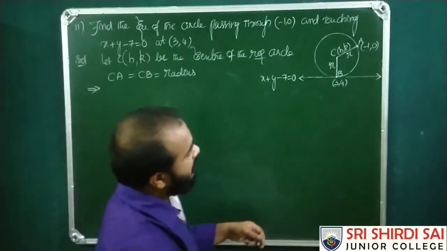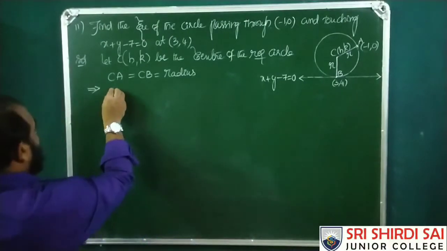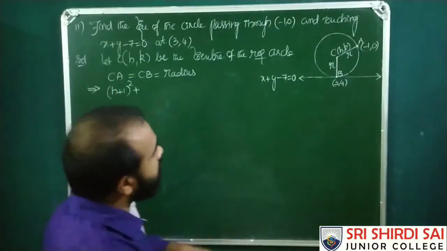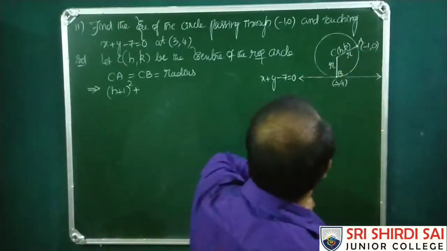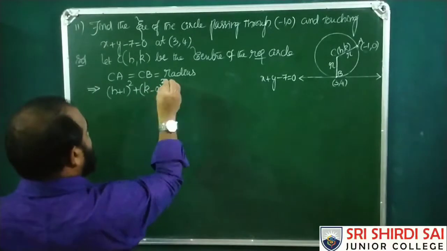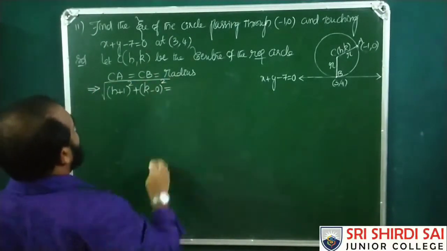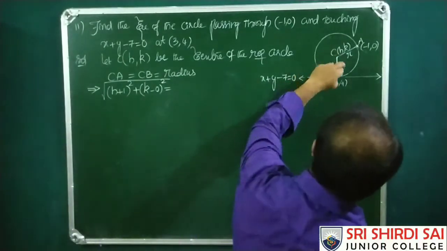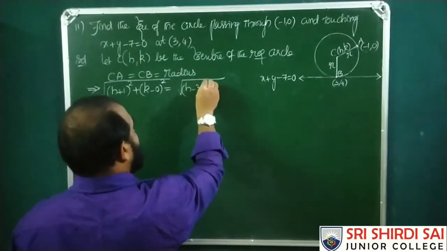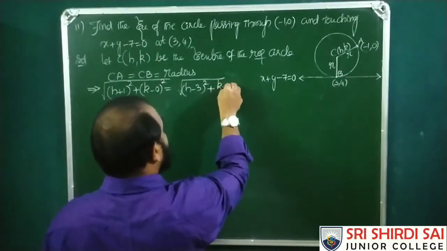So what is the radius? By the distance formula, h plus 1 whole square plus k minus 0 whole square is equal to h minus 3 whole square plus k minus 4 whole square.